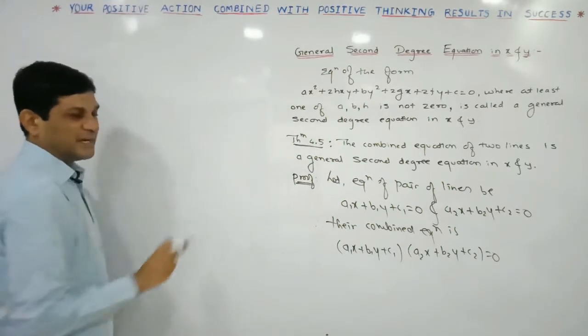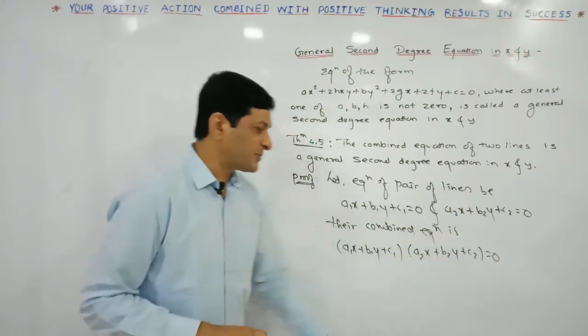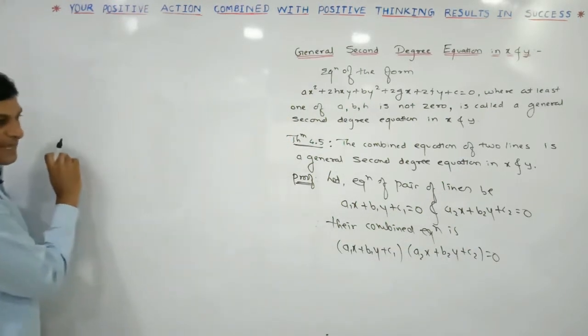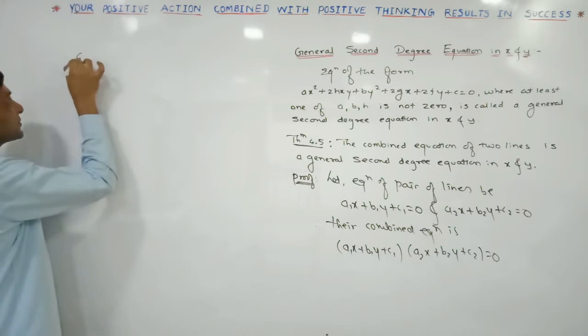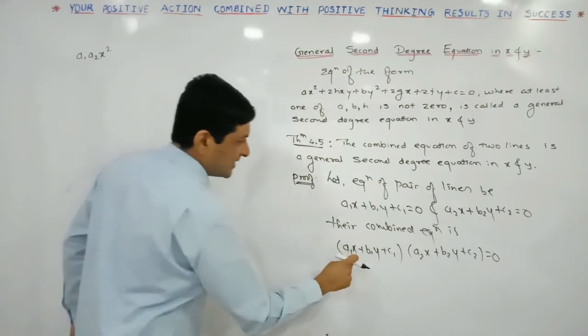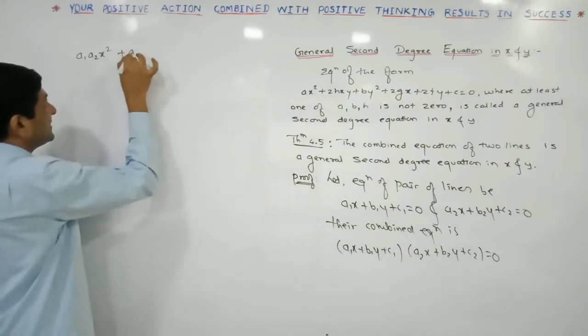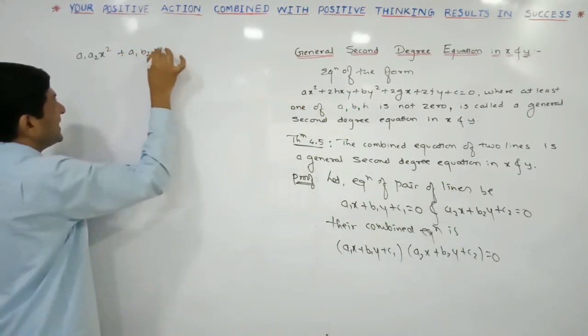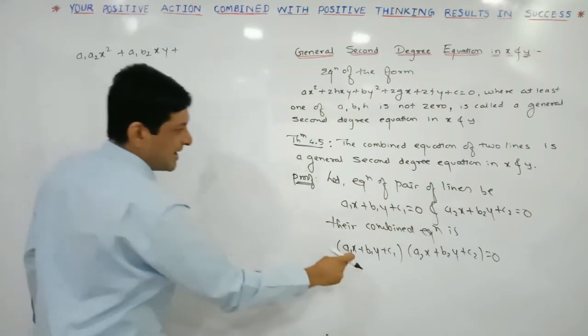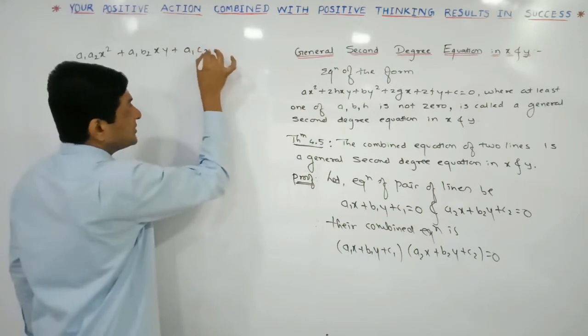Let us see what we will get here. First I am multiplying a1x to all three terms in this bracket. Multiplying a1x to the first term we get a1 a2 x square. Now multiply a1x to the second term, a1 b2, so what we will get here? a1 b2 xy. Lastly multiply a1x to the third term, we get a1 c2x.